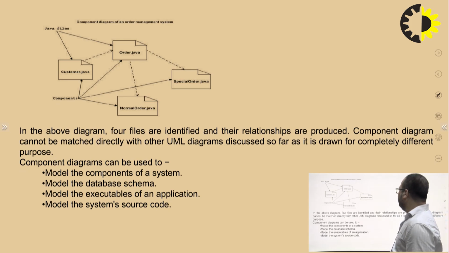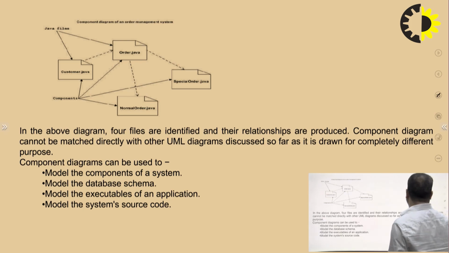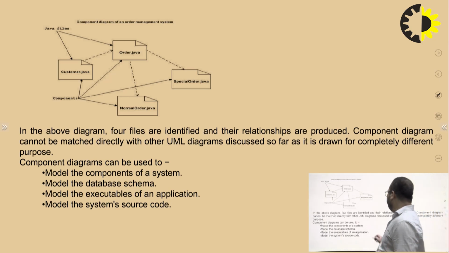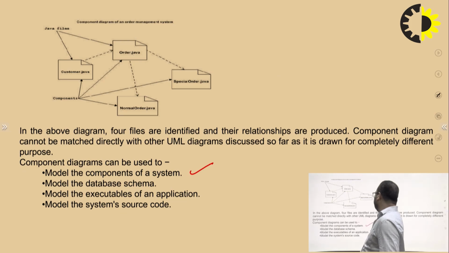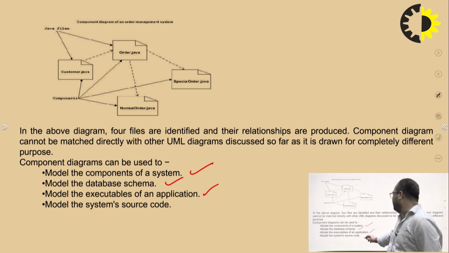So in the above diagram we have 4 files identified and their relationships produced. Component diagram cannot be matched directly with other UML diagrams discussed so far. Component diagram can be used to model the components of a system, to model a database schema, to model the executables of an application, and to model the system source code.